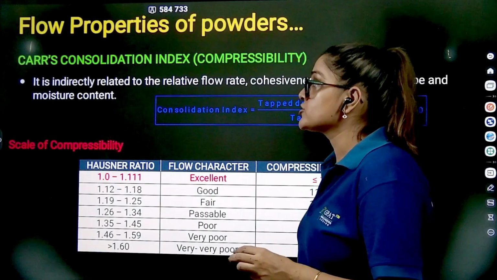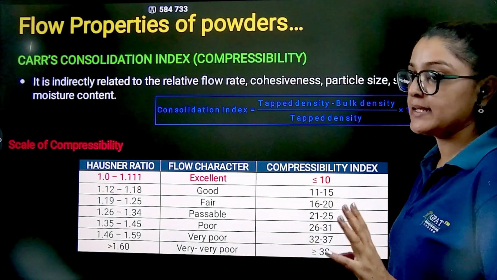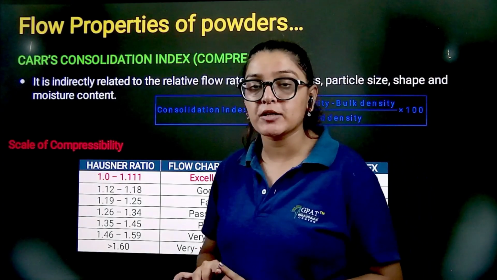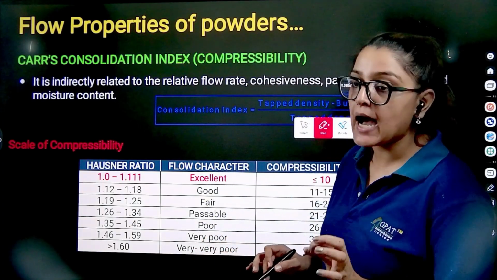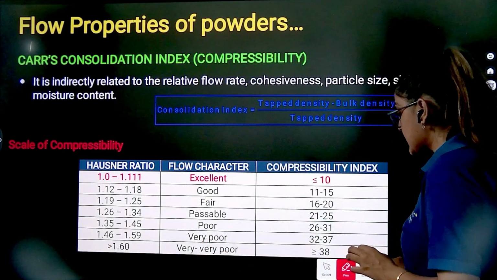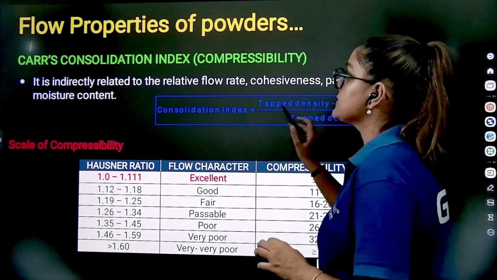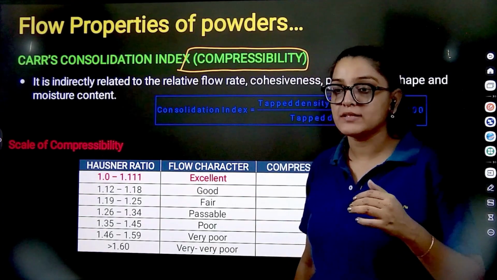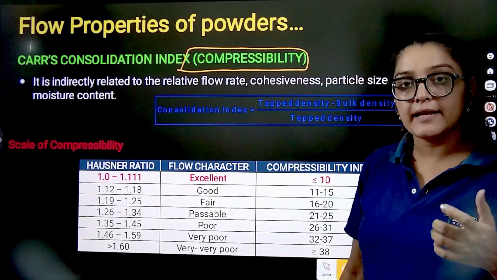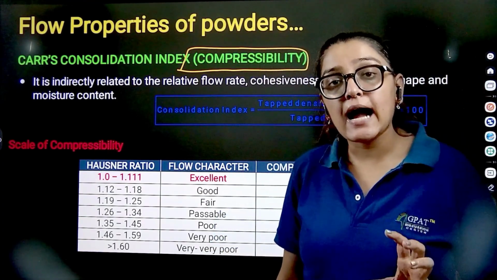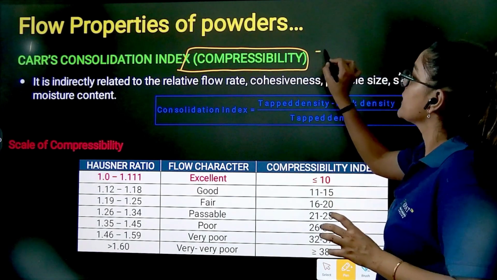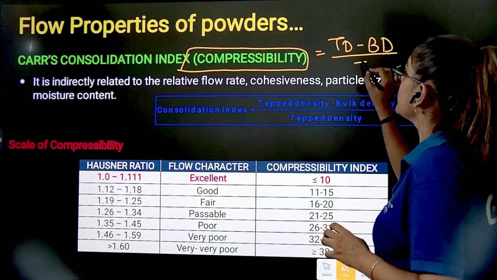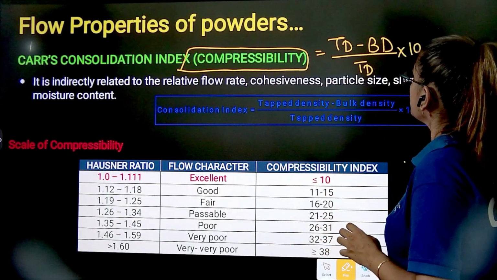Now there are actually three methods by which you can evaluate the powder flow properties. One of them, the most important from an exam point of view, is Carr's index, or we say the compressibility index. Carr's index is based on tap density minus bulk density upon tap density into 100.